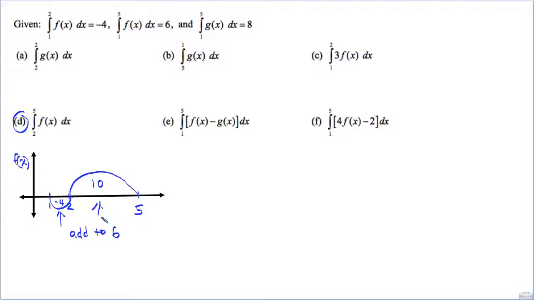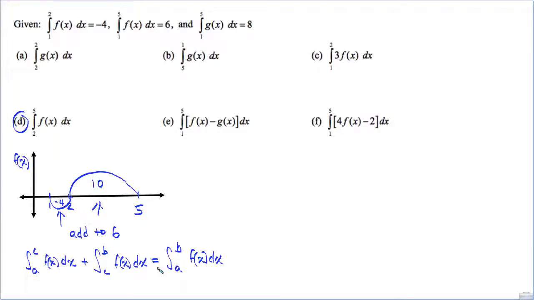So how do you do this if you didn't have a graph or anything, if you wanted to do this faster? I believe we had some rule, I'm trying to remember exactly what it was, but something along the lines of: if you have the integral from a to c of f of x dx, and you add that to the integral from c to b of the same function f of x dx, it equals the integral from a to b of f of x dx.